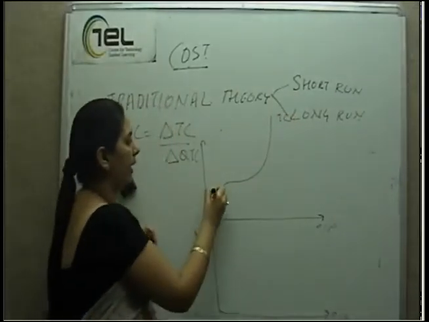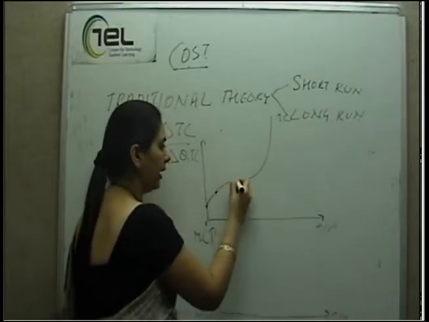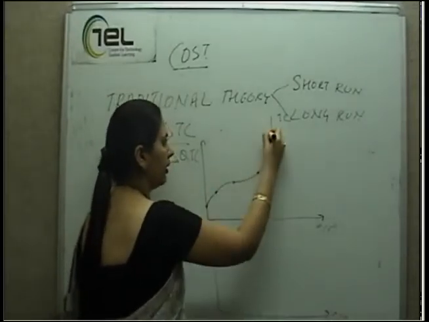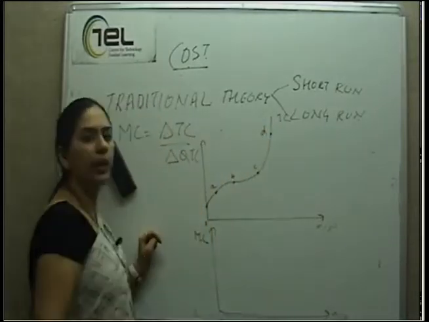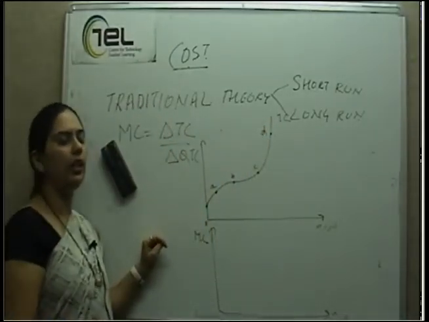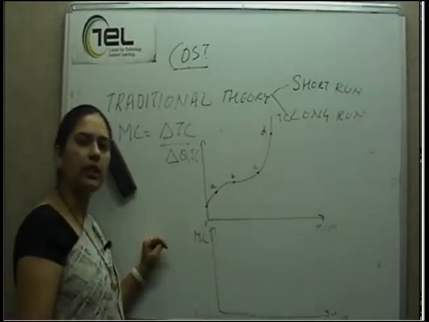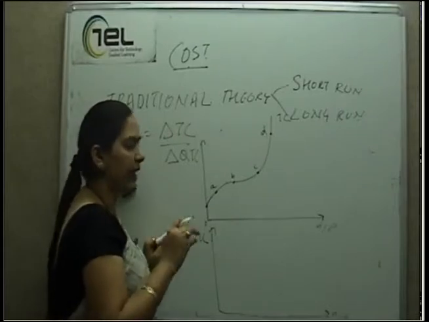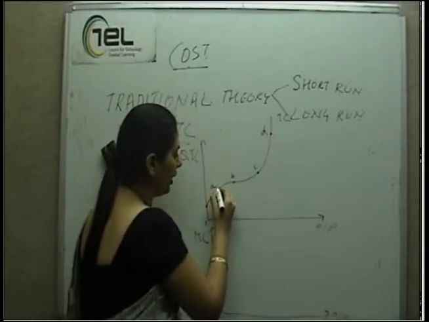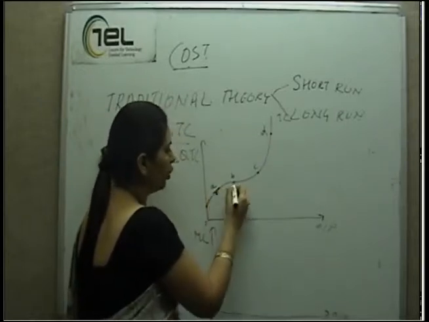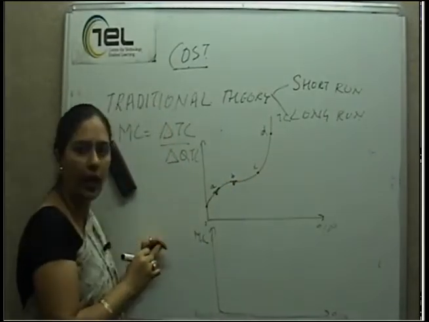Now, the difference here is that I will again be taking the first 4 points, that is A, B, C and D. But now I will not be joining the origin to these points. I will take the slope at these points themselves. How to take the slope at a point is: draw a small tangent line at this point and show the slope. We all are aware the concept of slope is delta y by delta x.